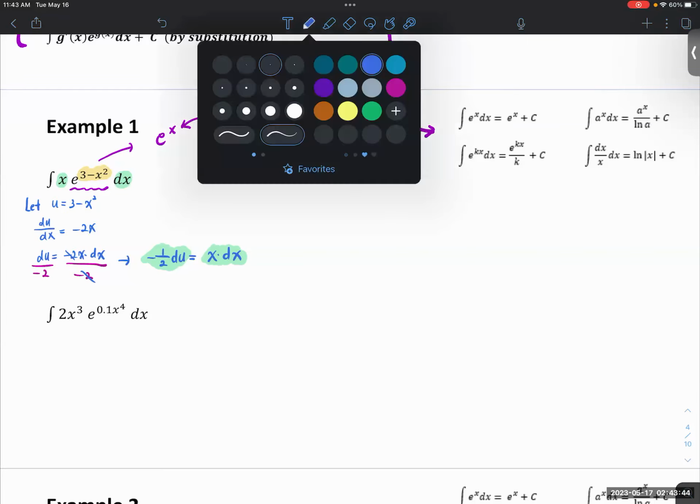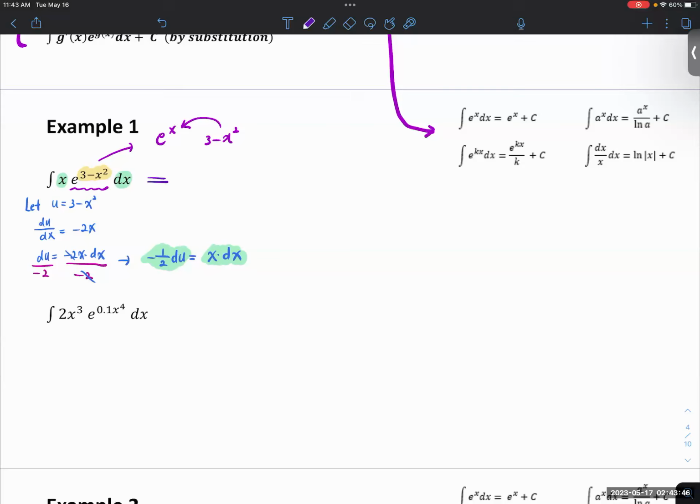And then keep going. That is equal to, we have e to the u, am I correct? Because the 3 minus x to the second is a u. And x times the dx, we just found out that is negative 1 over 2 du. Beautiful. Now I'm going to bring the constant to the front. So negative 1 over 2 e to the u du. And now here you're going to utilize one of the techniques.